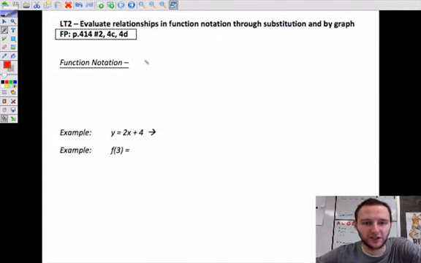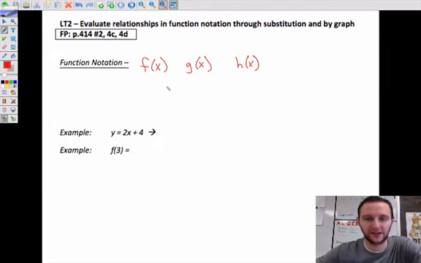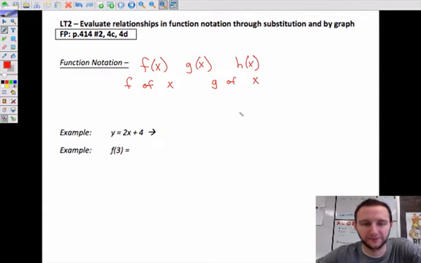Typically what you'll see is f of x, g of x, h of x, and that's how you say it: f of x or g of x.